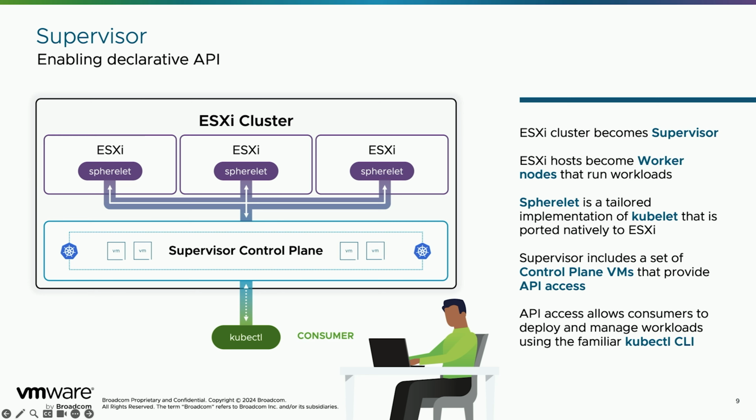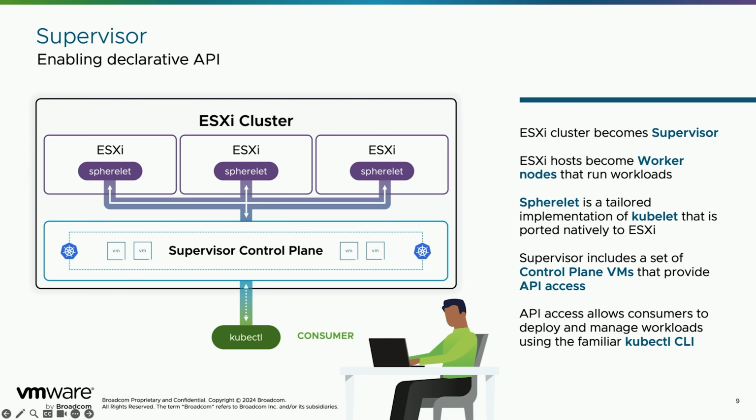And when we enable the supervisor, what we're really doing is converting that vSphere cluster into a Kubernetes cluster. So we're taking the ESXi hosts, the bare metal hosts underneath, and we're converting those into worker nodes for a Kubernetes cluster.